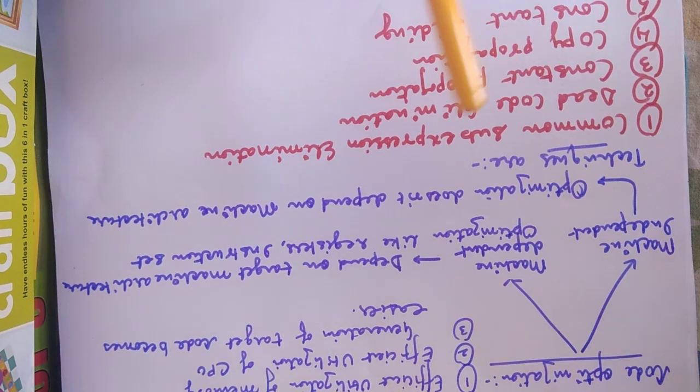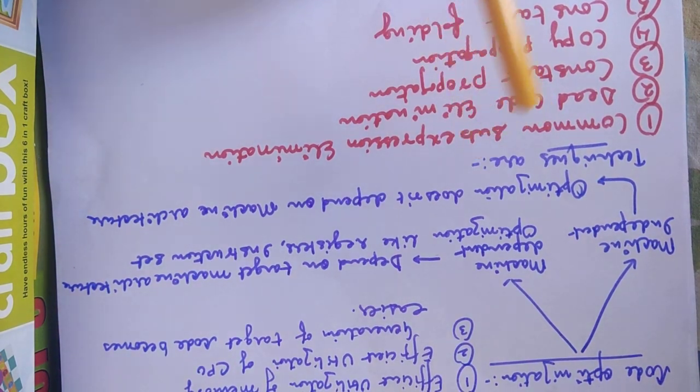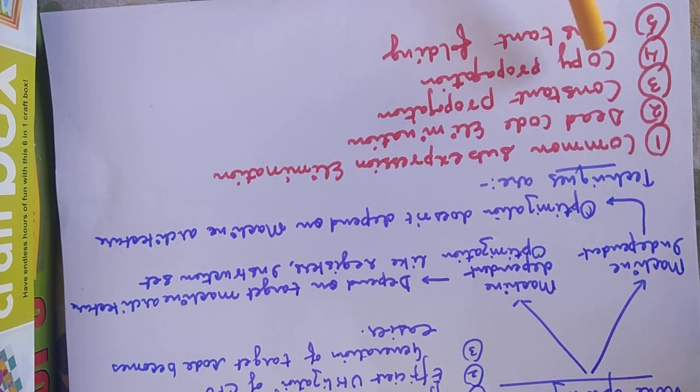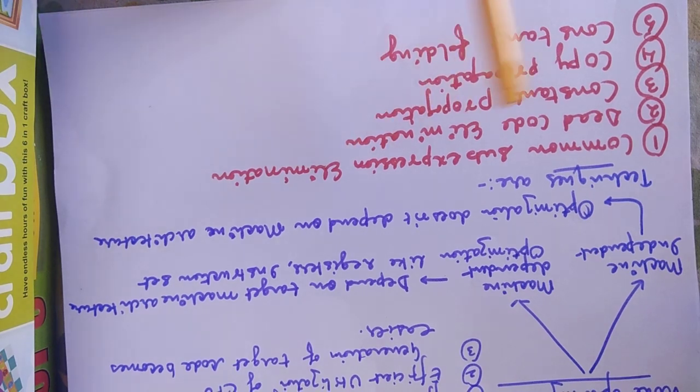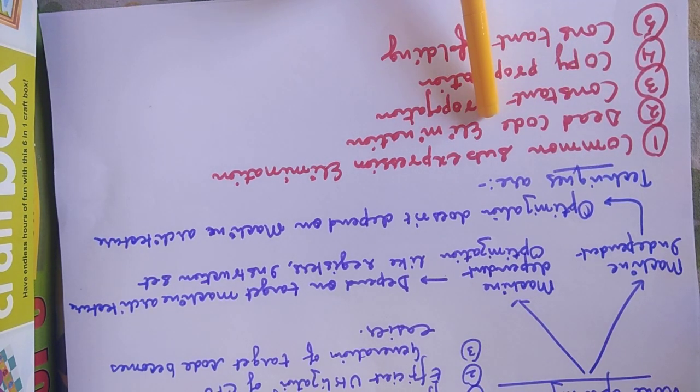The machine independent optimization techniques are the famous code optimization techniques. The very first is common sub-expression elimination. The second is dead code elimination.